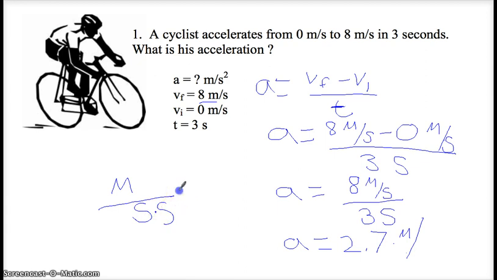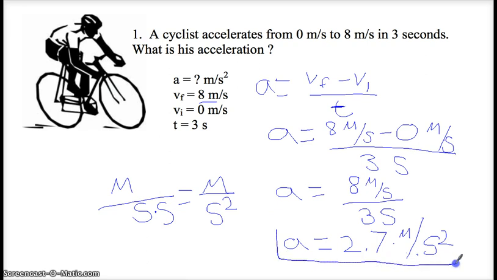A second times a second is equal to seconds squared. So my units are meters per second squared. And that's where that second squared comes from. I'm going to put a box around that to indicate that that's my final answer. And I'm done with that one.